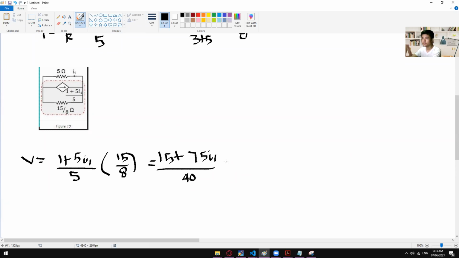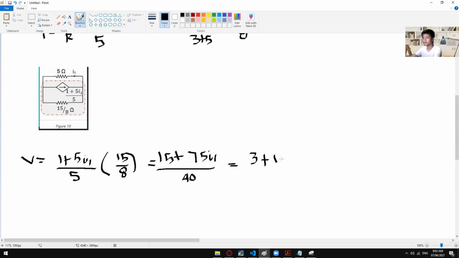Can we still, yeah, divide everything by 5 and then you will get 3 plus 15. Am I right? 75 divided by 5 is 15.